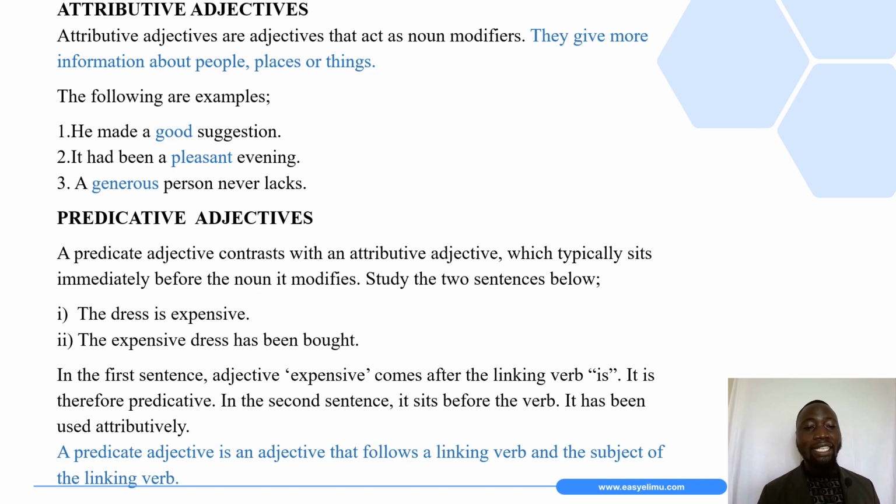So you can go ahead and give more examples to help you understand the topic better.